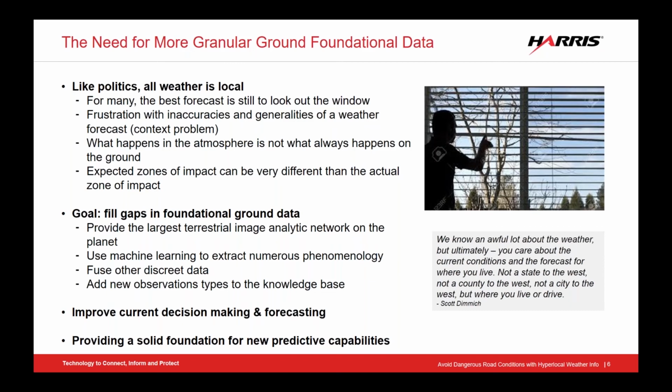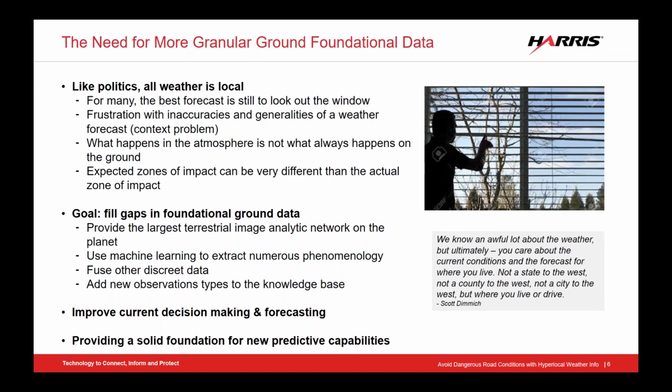So we're really out to provide the largest terrestrial image analytic network on the planet. And that is there to support, and we'll talk about Helios and how this does that, trying to provide additional ground data around what exactly is going on at the current time. We use machine learning to extract numerous types of phenomenology.